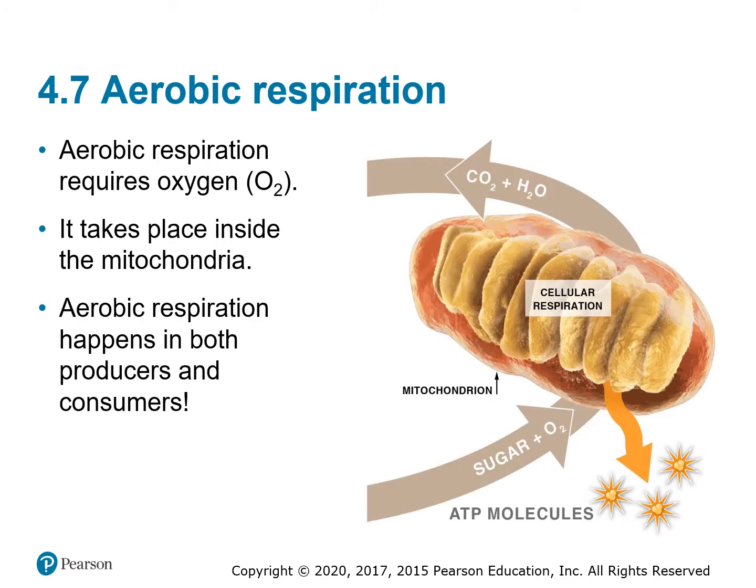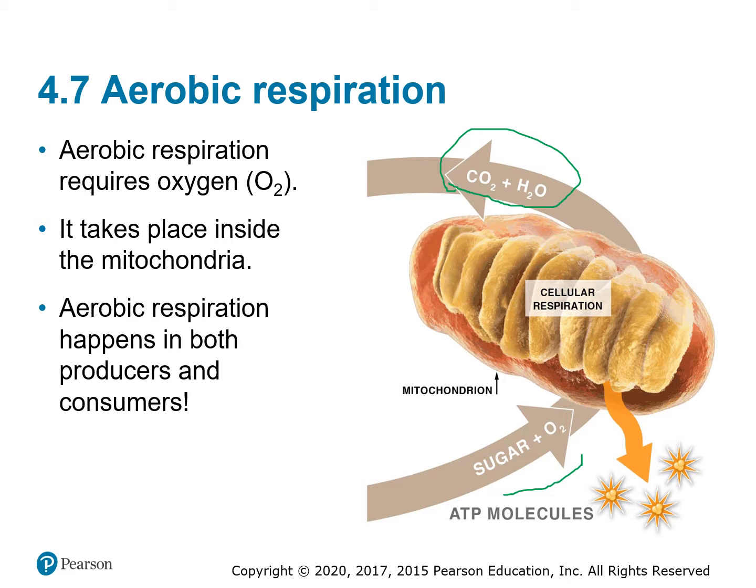Now remember, cellular respiration occurs in the mitochondria. It begins with oxygen and sugar. Here we have the reactants. Sugar is broken down in the presence of oxygen, and carbon dioxide and water are released.